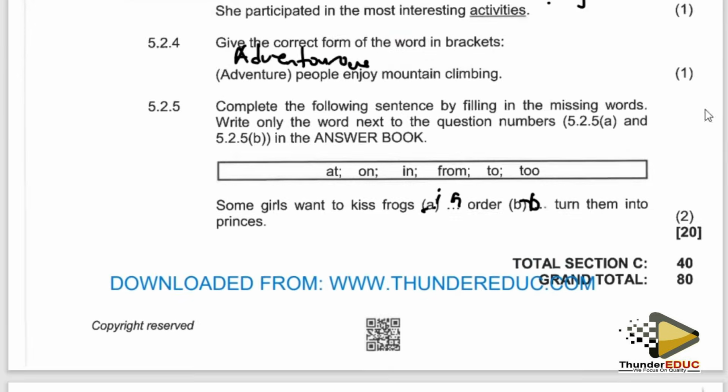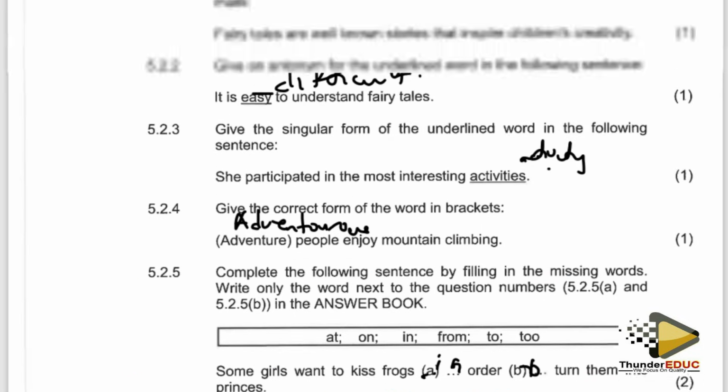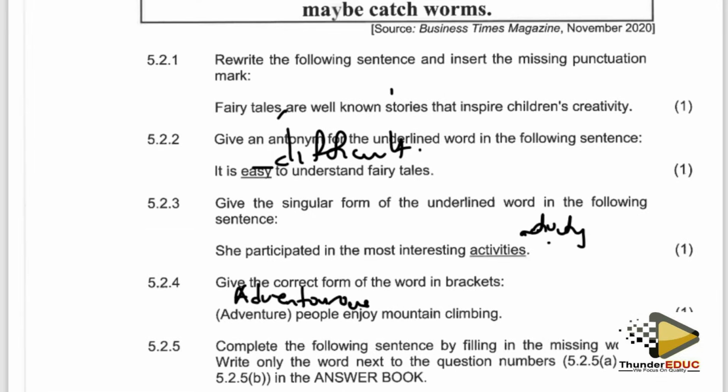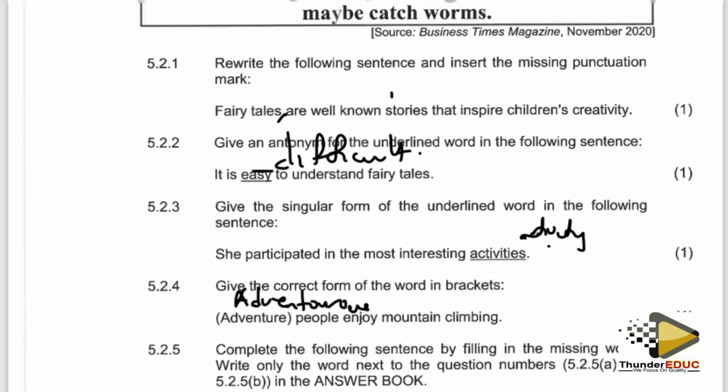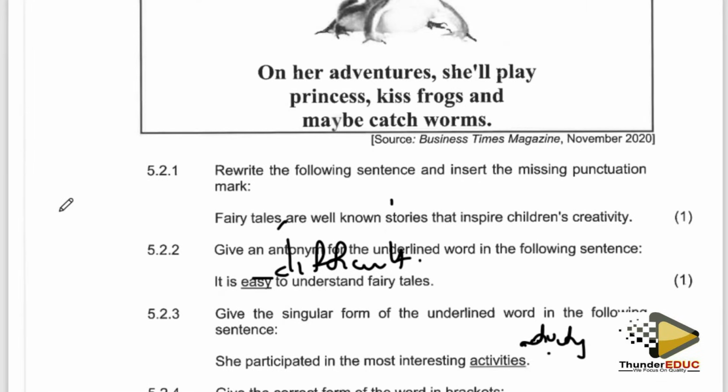That's your question paper. We finally come to the end of our question paper, which is our 80 marks. Please let's be sure that when we are doing this question paper, we are very sure with our language components. Please make sure that you change the forms of the words, revise your spellings, revise your punctuation. All right, let's look at the things that you can now start preparing for.